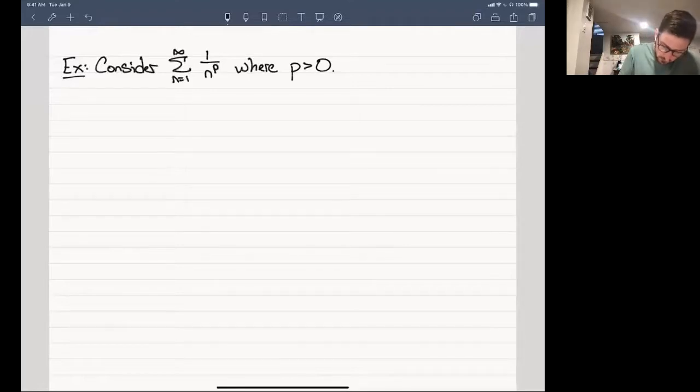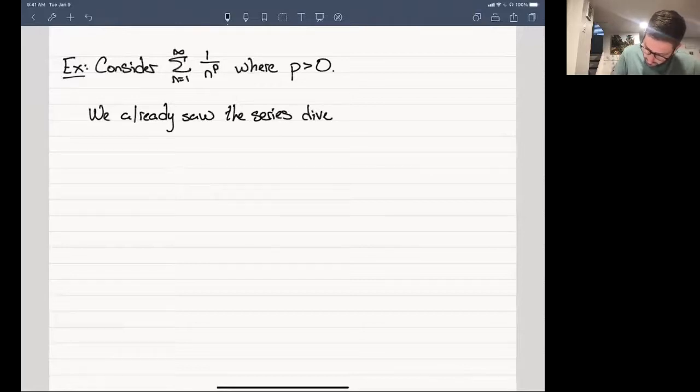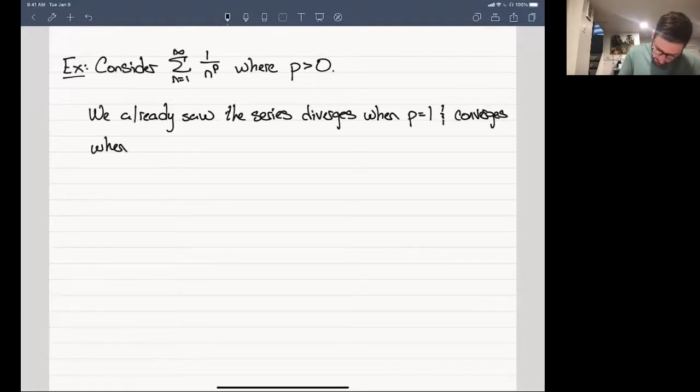So first, we already saw the series diverges when p is equal to 1. That's the harmonic series, 1 over n. And it converges when p is equal to 2.